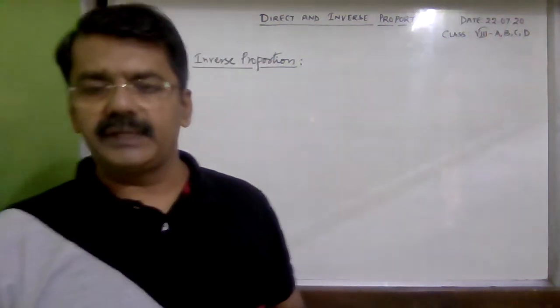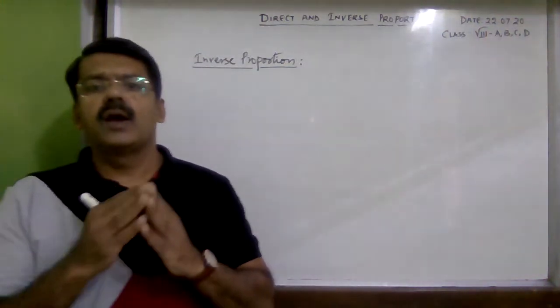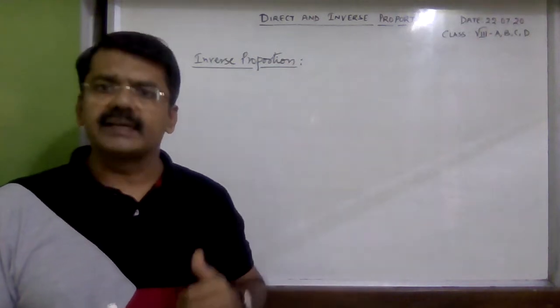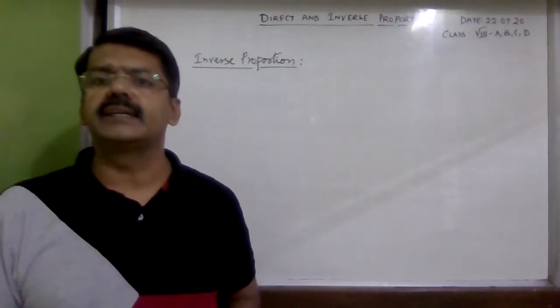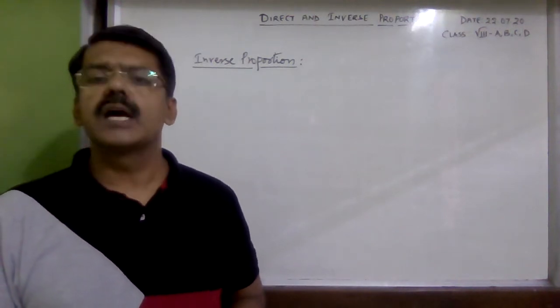Clear? I repeat, if there are two quantities x and y such that when x increases then y decreases, and when x decreases then y increases, then we call that x and y are in inverse proportion.